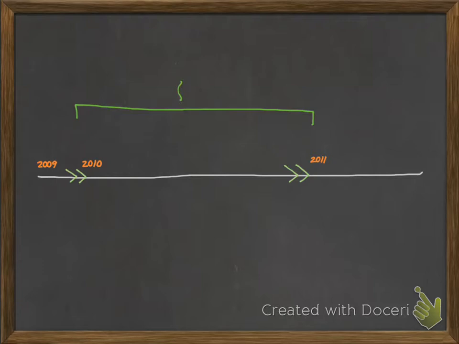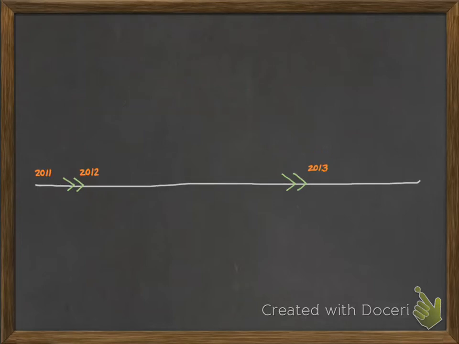So again, this is a midterm election cycle here. Again, let's move down to the last part of the timeline. Again, we have a presidential election cycle, the 2012 presidential election cycle. Draw that down to 2013.